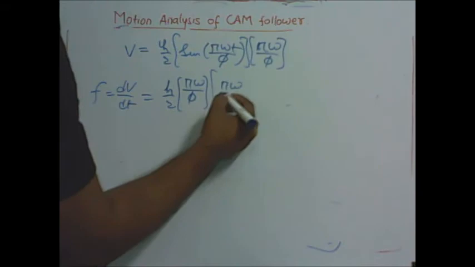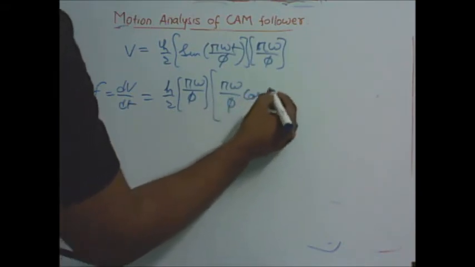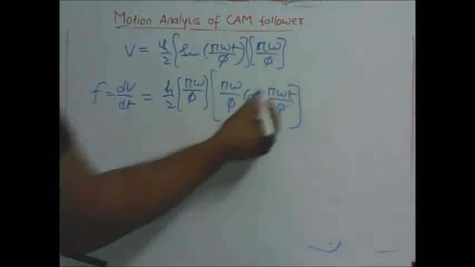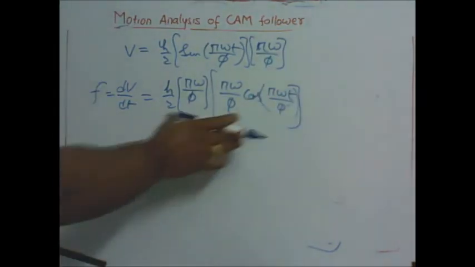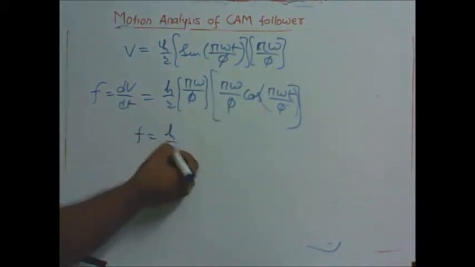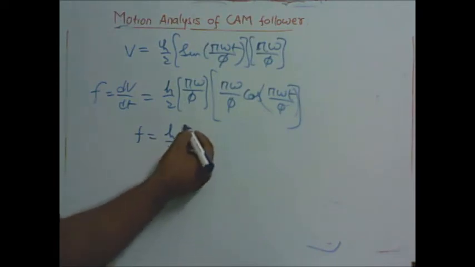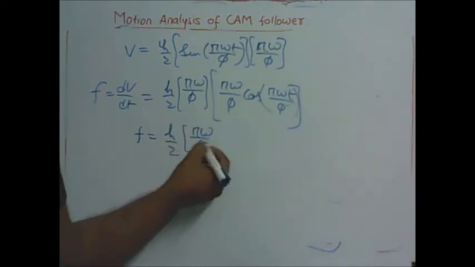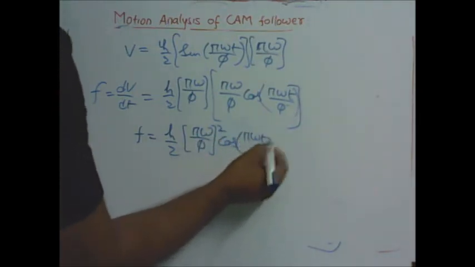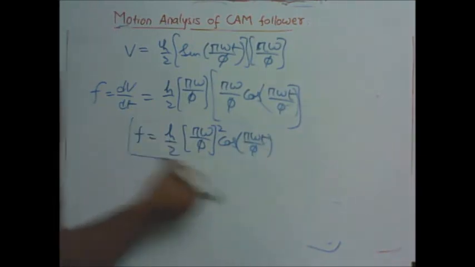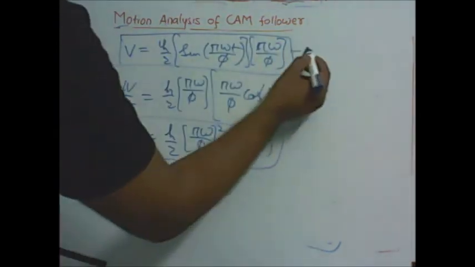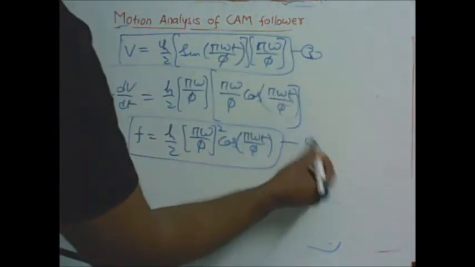So again we will get pi omega by phi into cos of pi omega t by phi. Now this is the acceleration, which can be modified and written as h by 2 into pi omega by phi whole square, cos of pi omega t by phi. So if this is equation number 3, this is equation number 4.